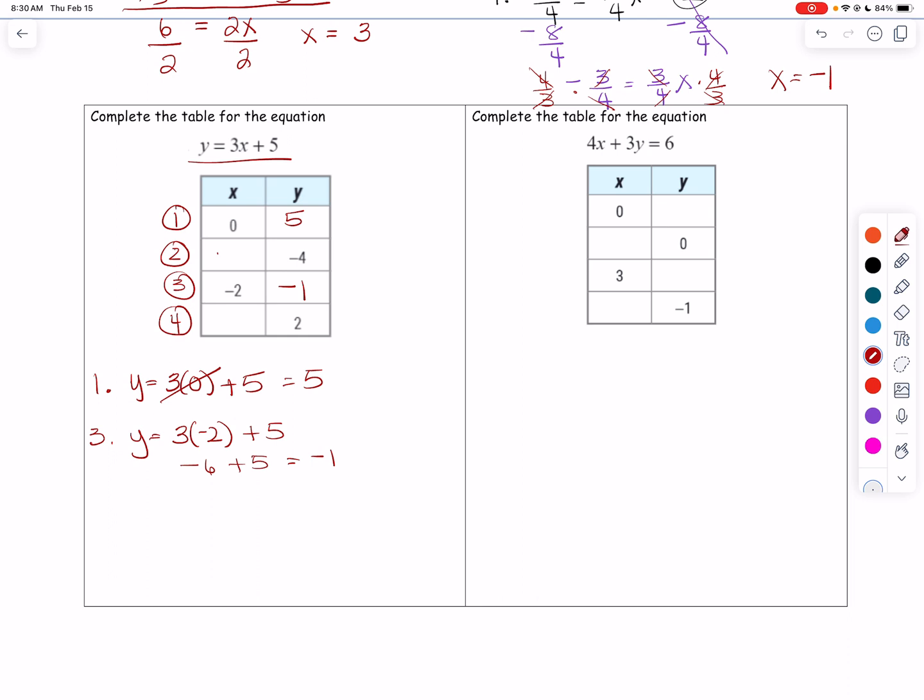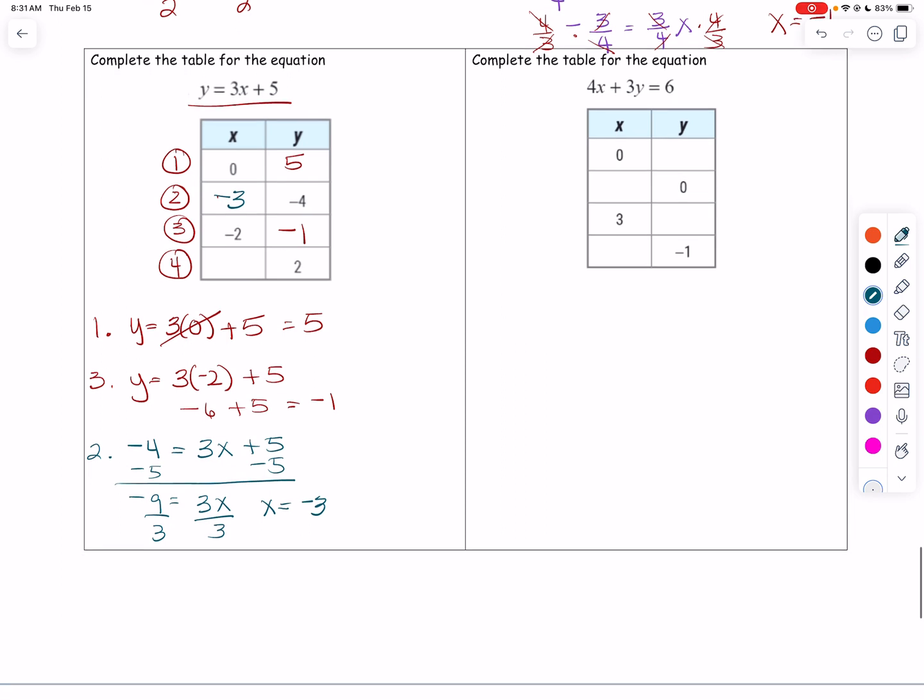All right, then we're going to go for the x's. So in number 2, y is negative 4, equal to 3x plus 5. Subtract 5. Negative 9 is equal to 3x. Divide by 3. X is negative 3.